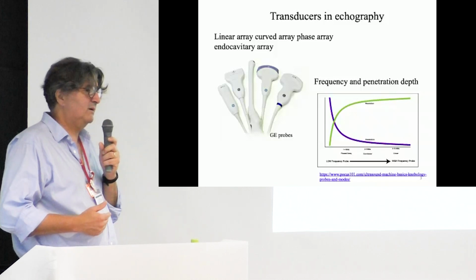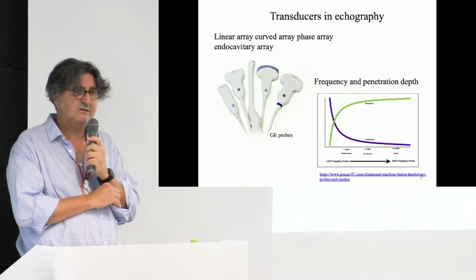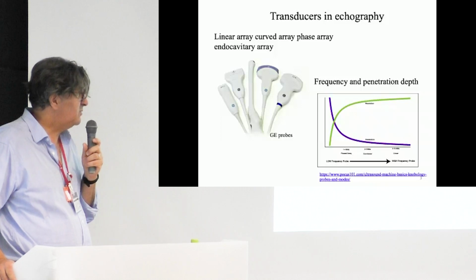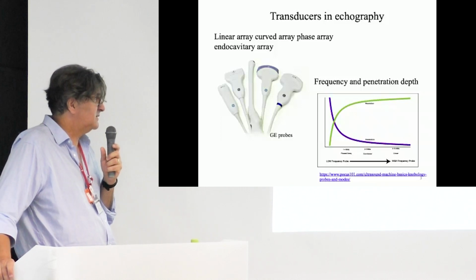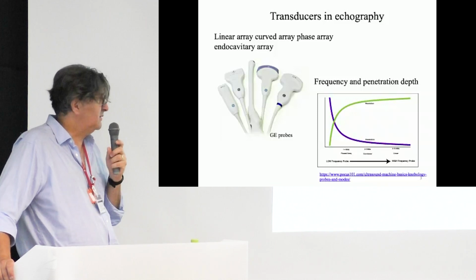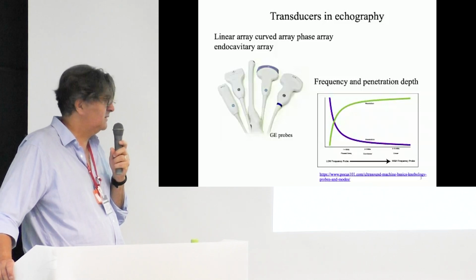And the higher you go in frequency, the closer the surfaces, the closer the structures you can image. And so you have to keep that in mind. This attenuation effect in the material and in the body leads to select appropriate frequencies for images.